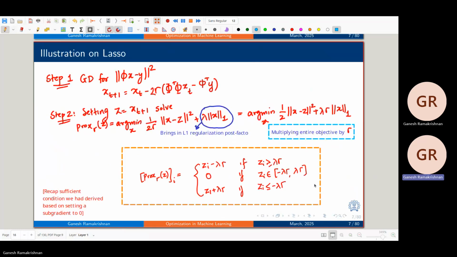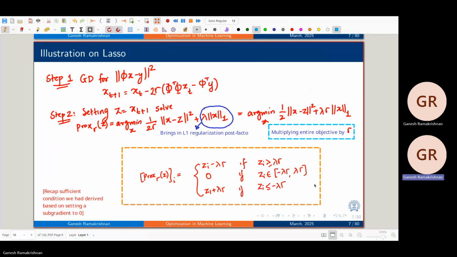Okay, so if you look at this, what is happening? This is just the prox step. I've just given it a new name. So instead of calling it xi, I'm calling it prox. So what have I done? I'm saying xt plus 1 is basically prox with respect to gamma. Remember, gamma was like our step size here.